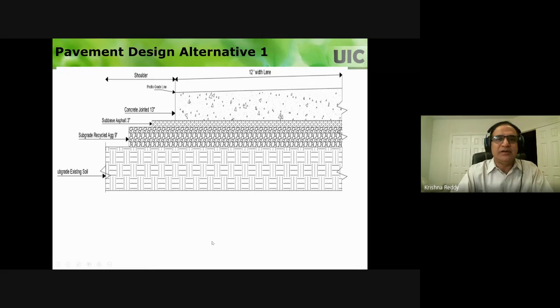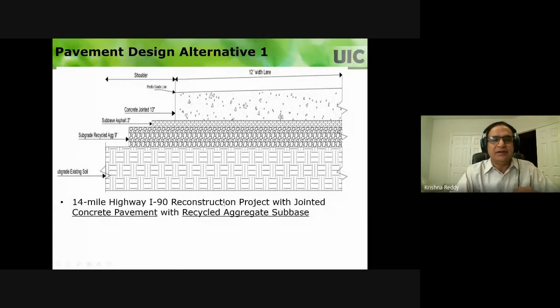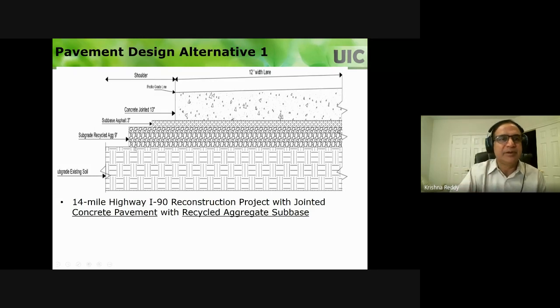So in this one, basically, this is the cross section of that 14-mile highway that was reconstructed. And it has the concrete pavement, as you see here, the 13-inch concrete, and then they have a 3-inch asphalt subbase, and then there's 9 inches of this recycled subbase.